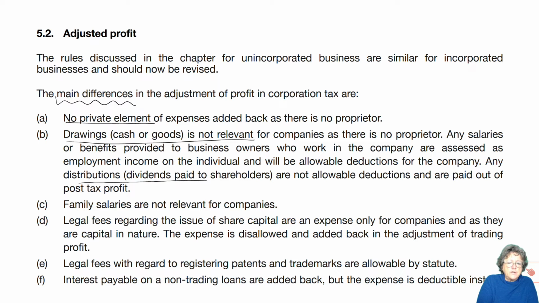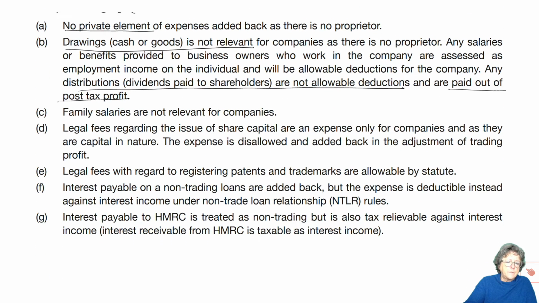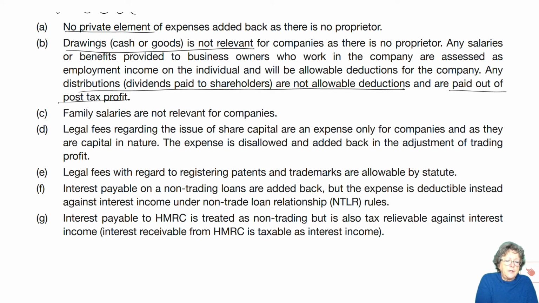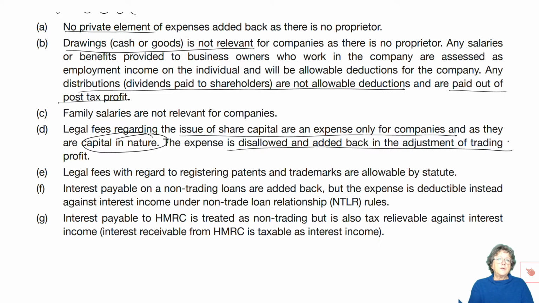Distributions such as dividends, as we've said above, are not allowed, and they have to be paid out of post-tax profits. Family salaries, again, irrelevant. Legal fees, this is something that you might come across in a corporation tax one. Legal fees for the issue of share capital are an expense only for companies because they are capital in nature. The expense is disallowed and added back, because it's dealt with under the share capital.